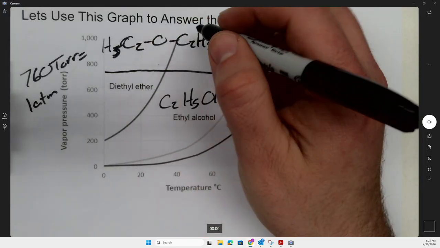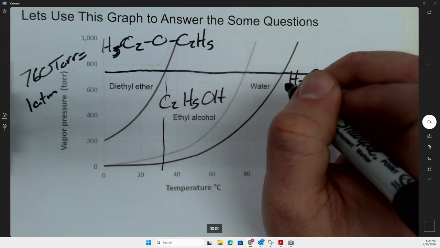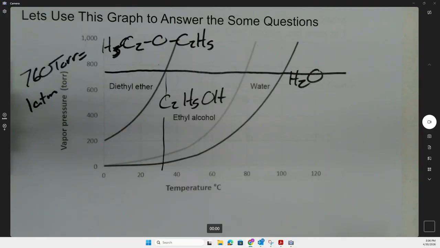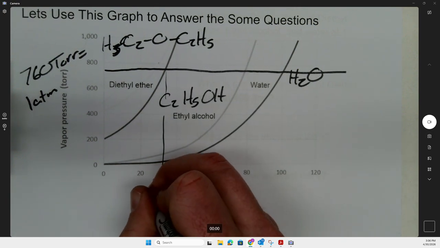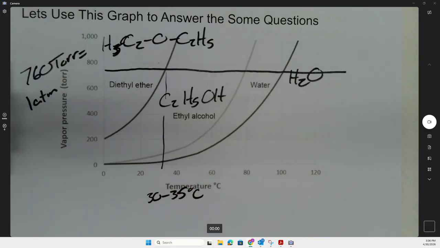So if I'm looking at diethyl ether, if I draw a line down, what temperature does it look like diethyl ether begins to boil? 30 something. We'll say anywhere between 30 to 35 degrees Celsius. Ethyl alcohol, what does that look like it starts boiling?